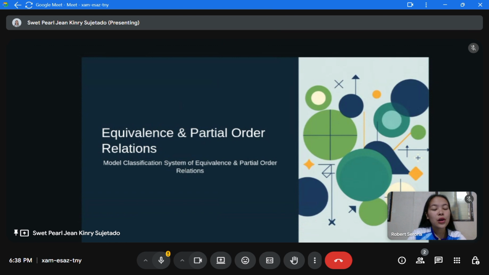How do we organize things? Sometimes we group items that are similar, sometimes rank them from lowest to highest or simplest to hardest. That's exactly what these two kinds of relation help us do.